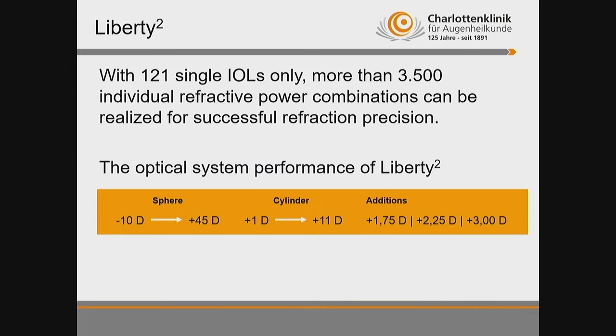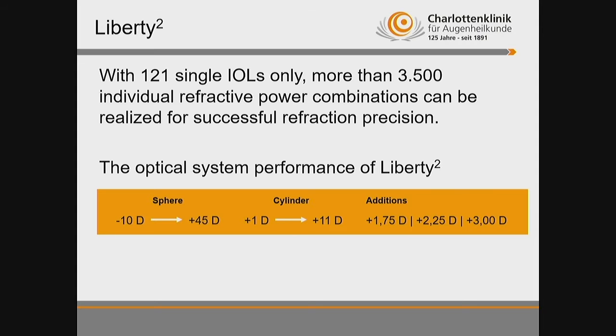Another thing to mention is you don't have big storage problems if you use those combinations of IOLs. If you combine the optical system performances of the Liberty system, you have a sphere you can correct from -10 diopters to +45. You can correct the cylinder from 1 diopter up to 11. And with regard to the addition in terms of reading ability in the multifocal IOL, you have the choice between +1.75, +2.25, and +3.